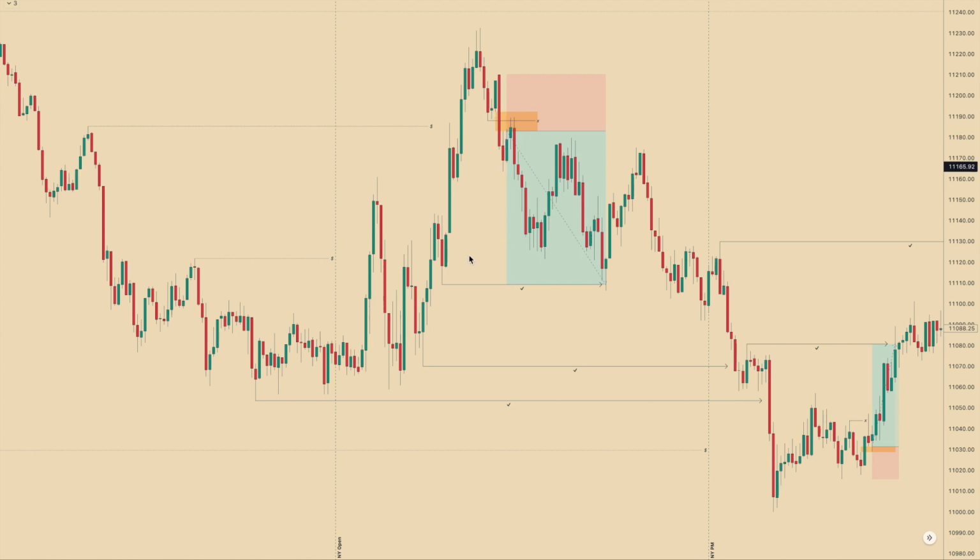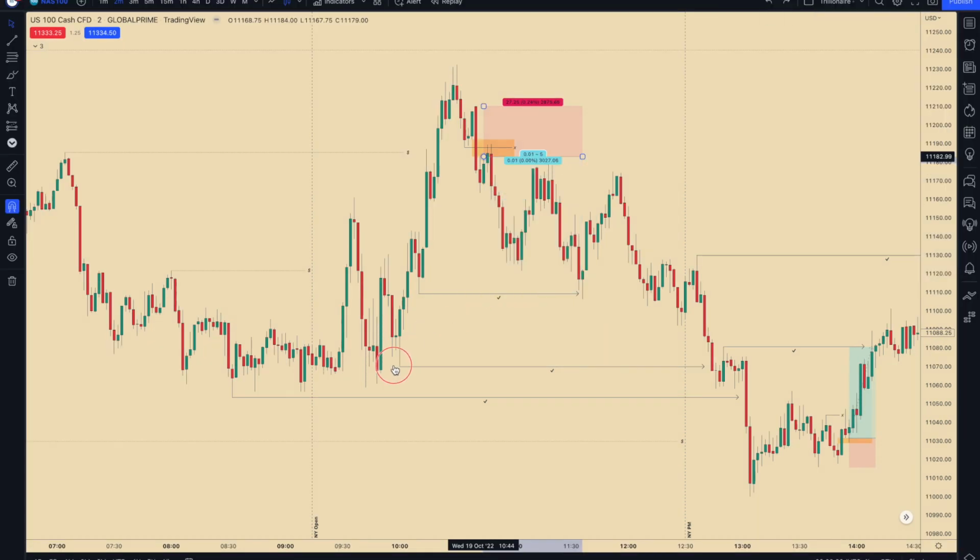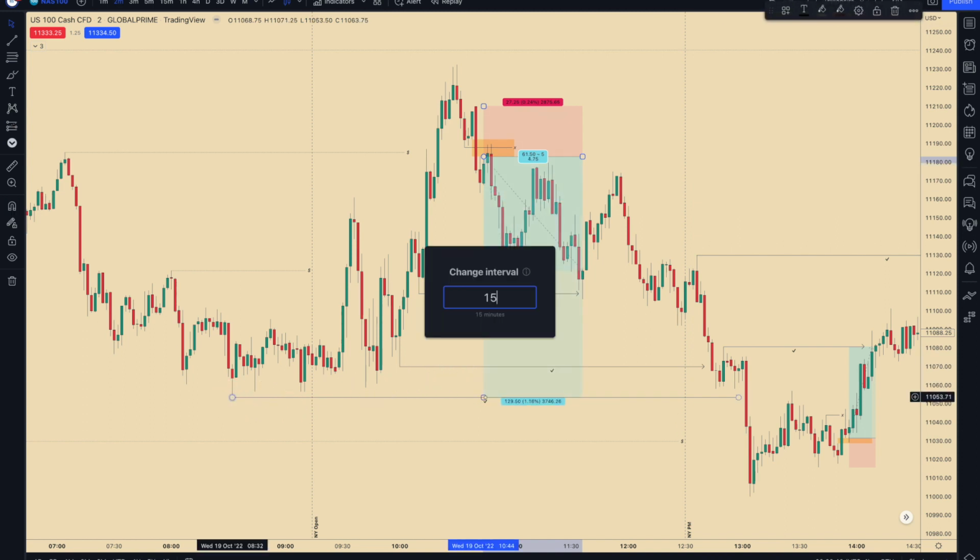Price trades right back into that imbalance, and then we're looking for our first targets to be internal range liquidity, right? So after targeting internal range liquidity, either here, which would have been perfect, or here, then you could have targeted external range liquidity, which would be resting here based on your M15 time frame.